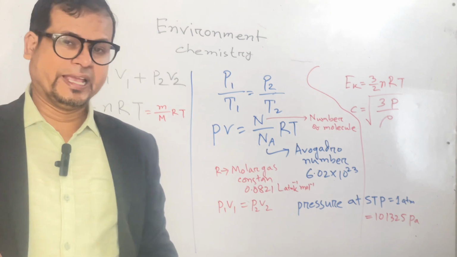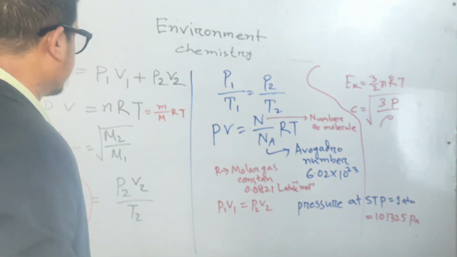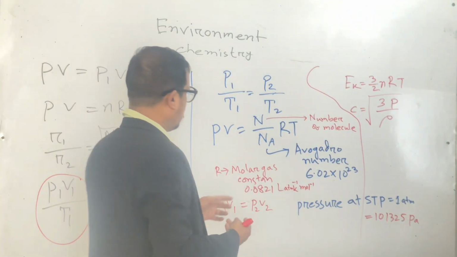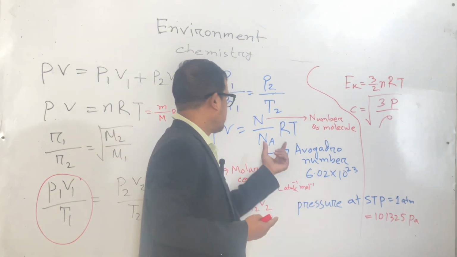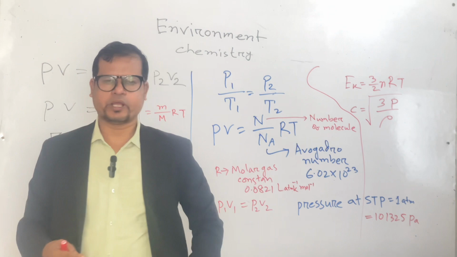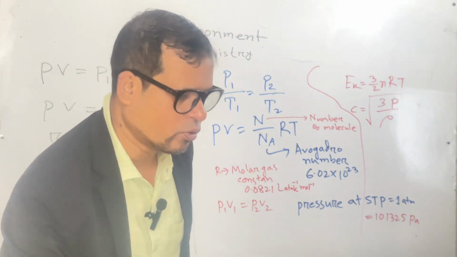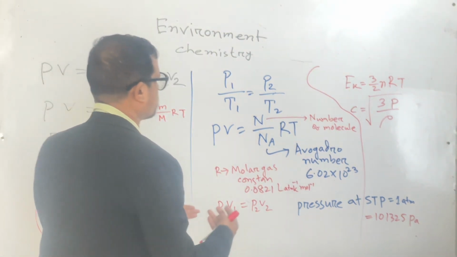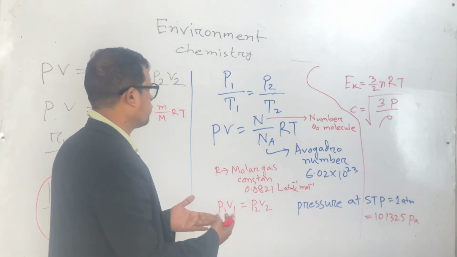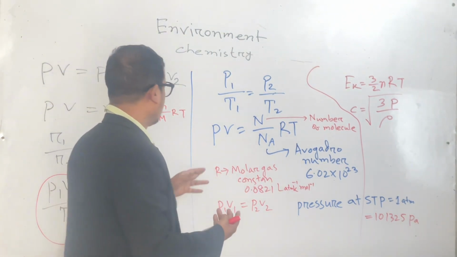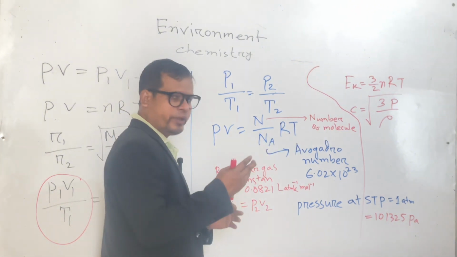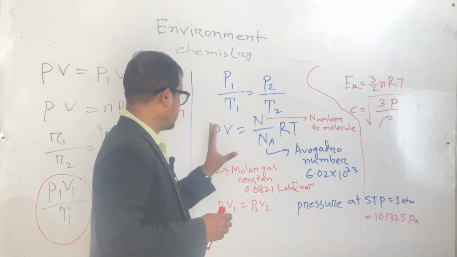Try to remember N_A is the Avogadro number, which is 6.02 times 10 to the power 23. N is the number of molecules. Sometimes the question asks us to find the number of molecules, or sometimes the temperature. Anyway, this is a very important formula.